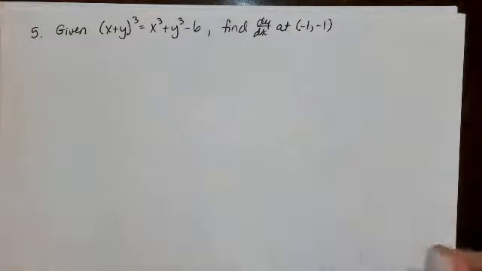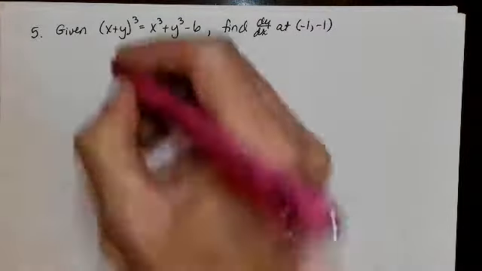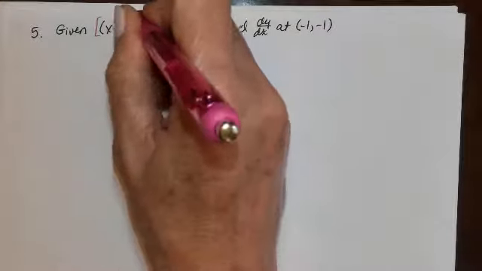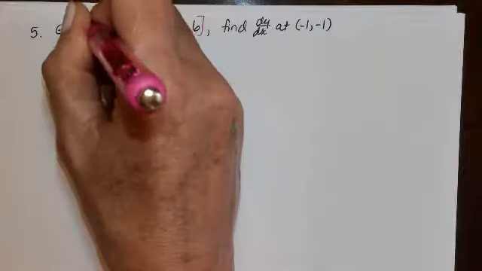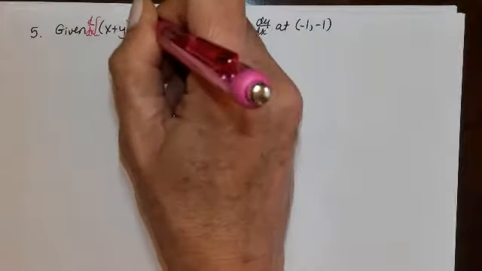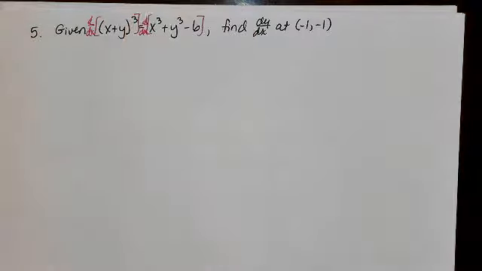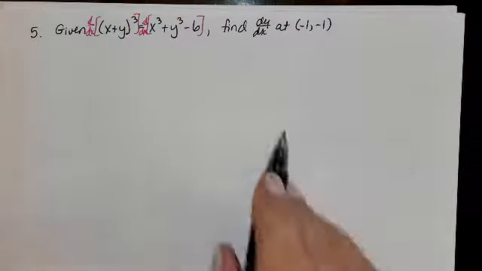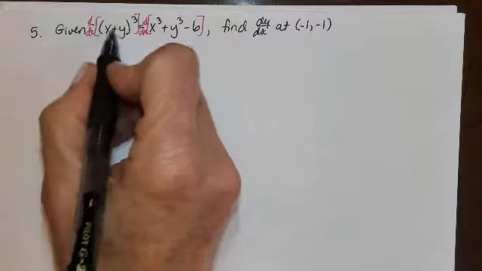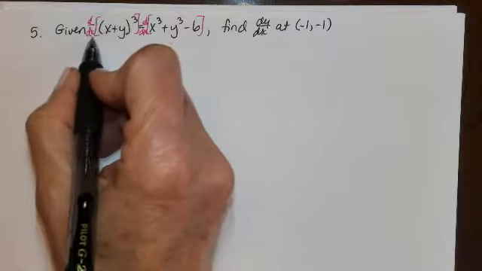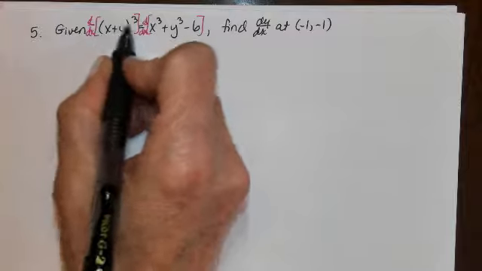We're taking our equation and we're taking the derivative of both sides with respect to x. For this expression, we need to apply the chain rule.